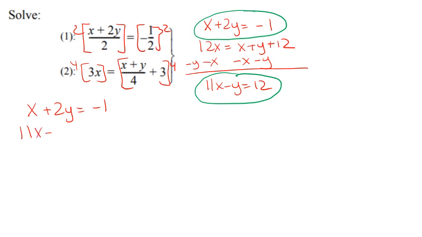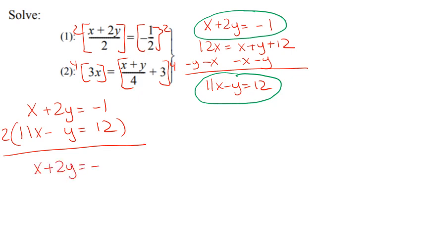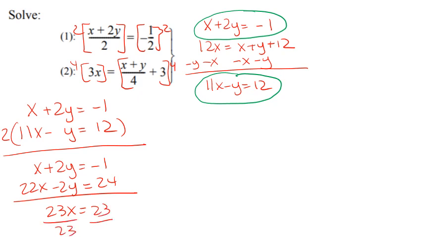And then what I want is for the y's to eliminate, because all I have to do is multiply the bottom one by 2. And so then the top equation stays the same. Bottom: 22x minus 2y equals 24. So this is going to be 23x equals 23, divided by 23 on both sides.